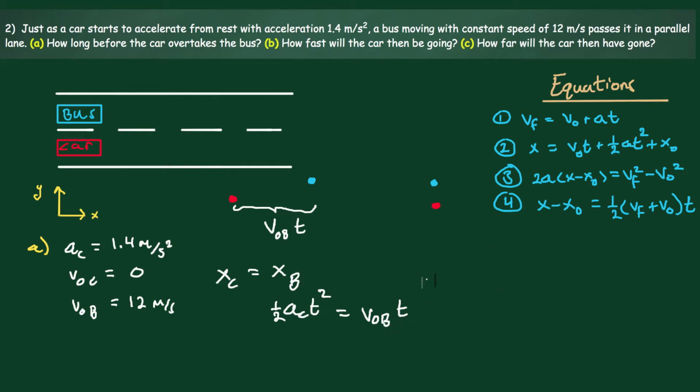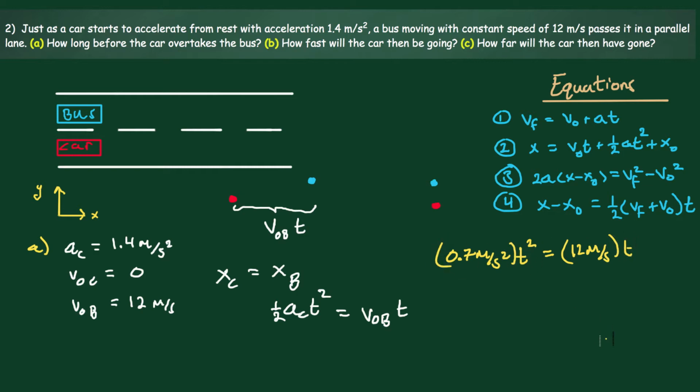Since a sub c is 1.4 meters per second squared, taking 1/2 of that is just 0.7 meters per second squared, okay? So what we have is 0.7 meters per second squared times t squared is equal to V0b. V0b is 12 meters per second, so we can say 12 meters per second times t.